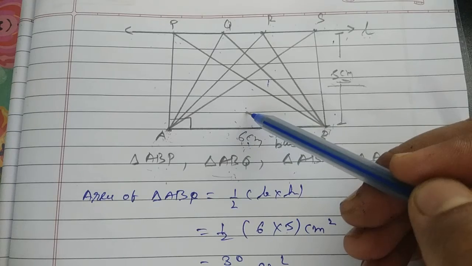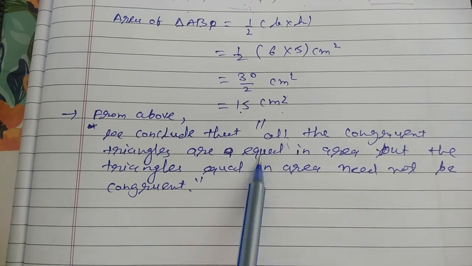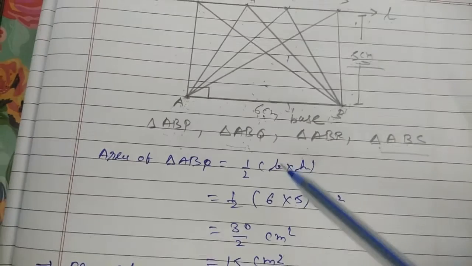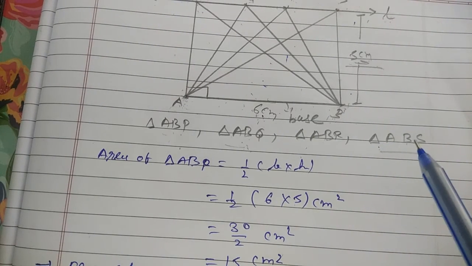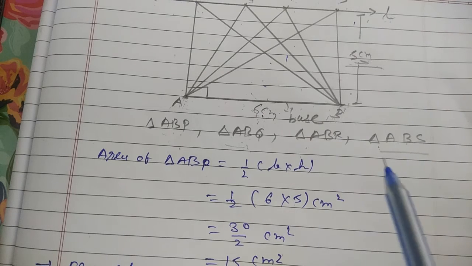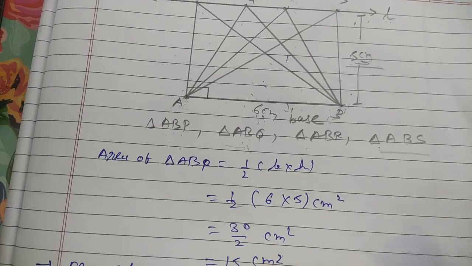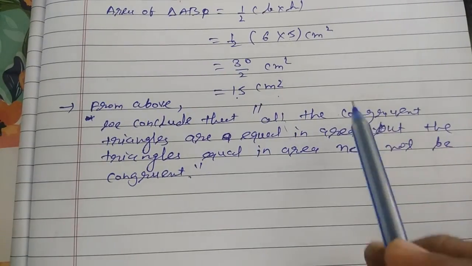So from this we can conclude that all congruent triangles are equal in area. We found that before this example, where we took two scalene triangles of the same size. They are congruent, and from that we found that these two congruent triangles have equal area.